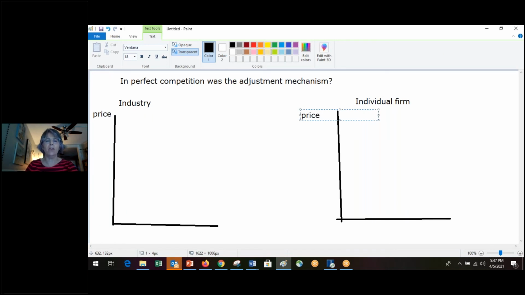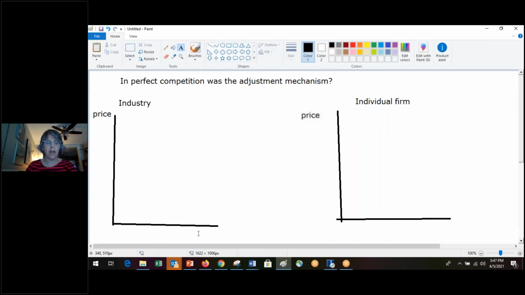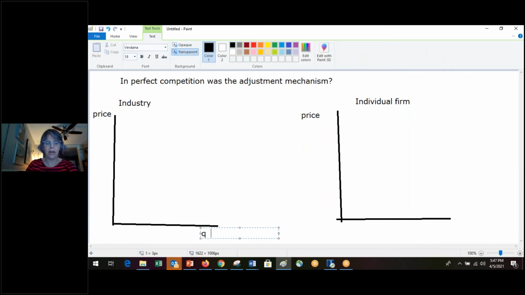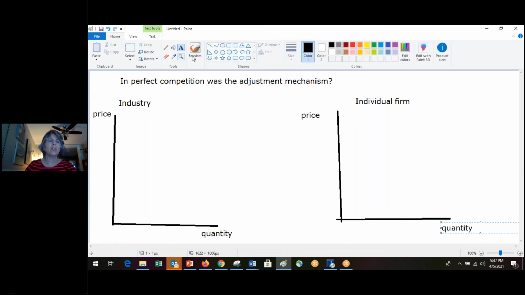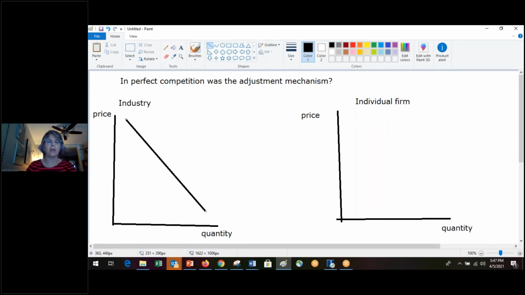If I had $1 for every time I've drawn this L and wrote in price and quantity, I would be a rich woman. I know that I'm taking a little bit longer than I meant to here, but it's always good to have your mind refreshed a little bit.